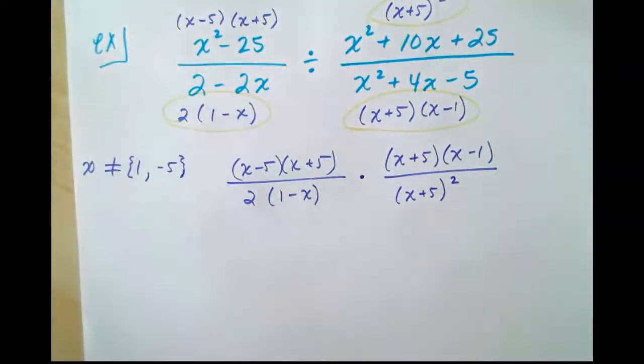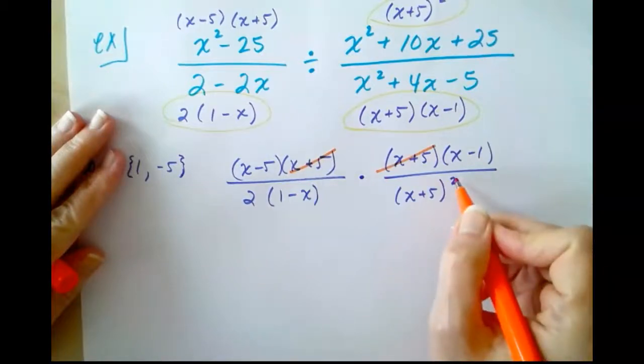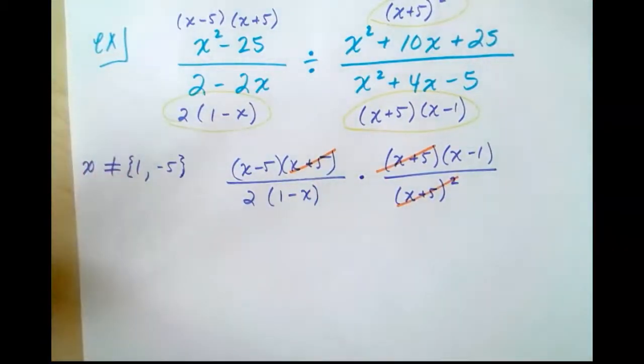Now that we have factored everything, we have changed the division to be multiplication by the reciprocal, now it's time to go cancel crazy. So what's going to cancel here? Well, x plus 5 times x plus 5 is the same as x plus 5 squared. So all of that is canceling.